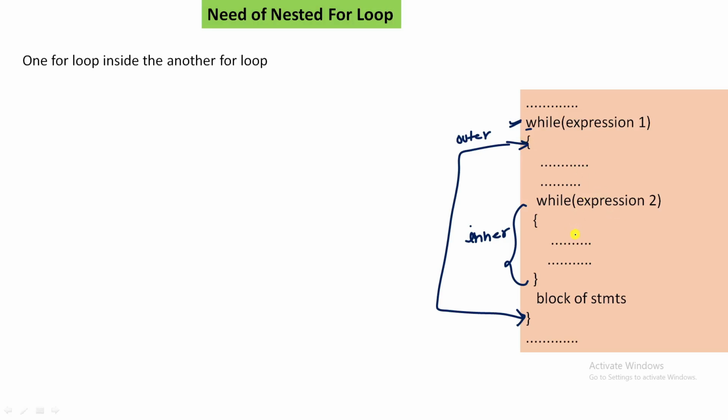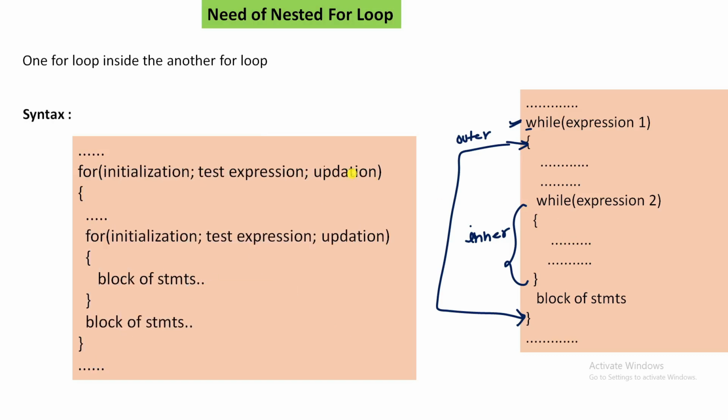In the same way, nesting of for loop also works. Here you can see this is one for loop and this is another for loop which starts here and ends here, right? This particular for loop is called the inner for loop. It is contained inside the body of this bigger for loop, which can be called the outer for loop.